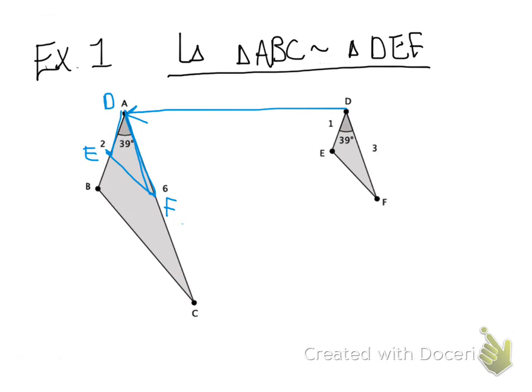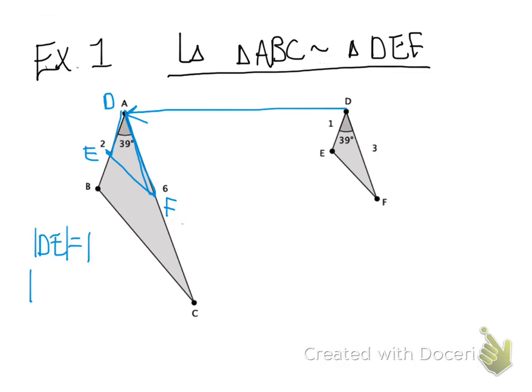Okay, so let's look at this. So we have length DE. Whoops, sorry about that. Length DE is equal to 1.